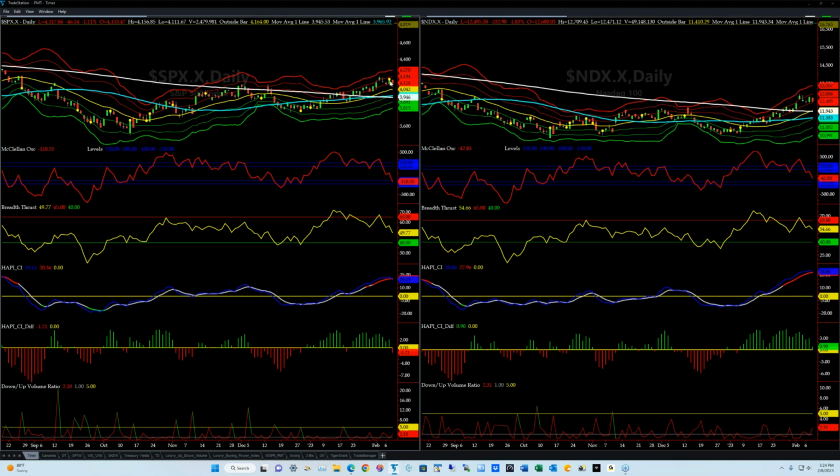So we moved up hard yesterday, gave it back 46. I'm about 40 handles behind from the 70. No, about 30. No, 50. 47 handles. I'm 47 handles behind.